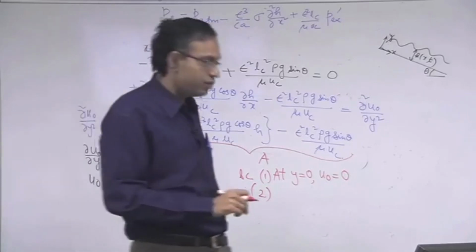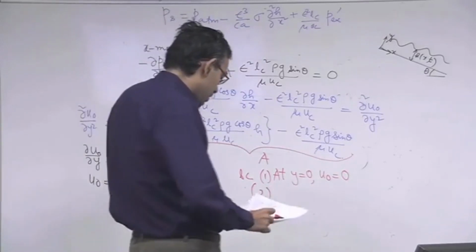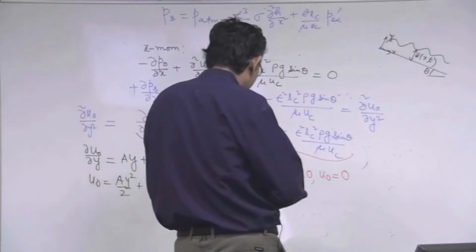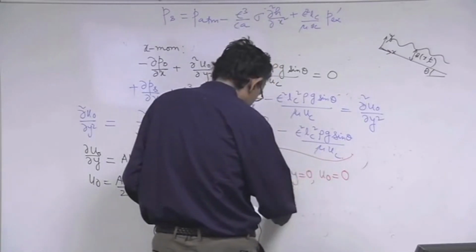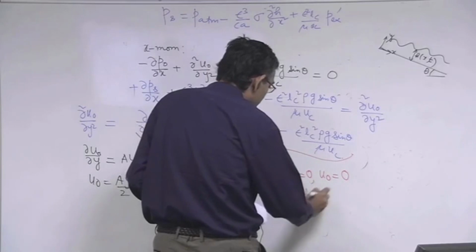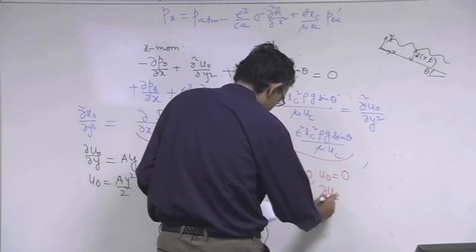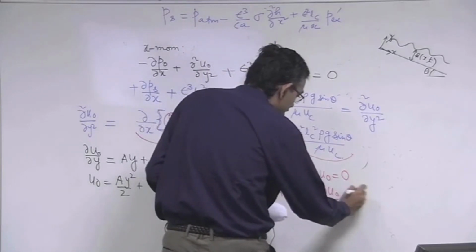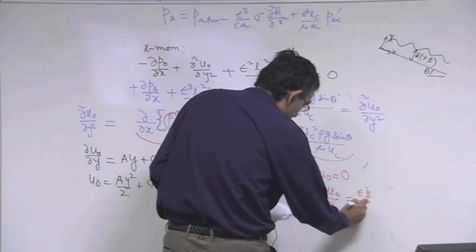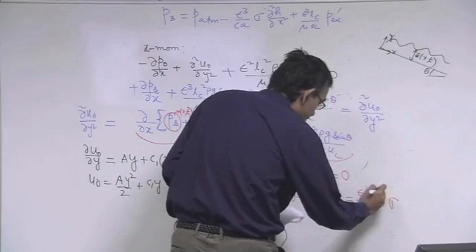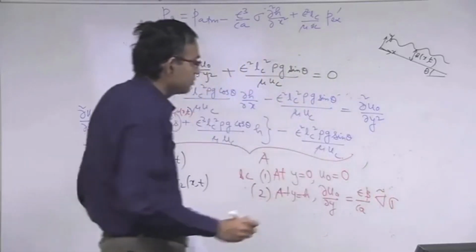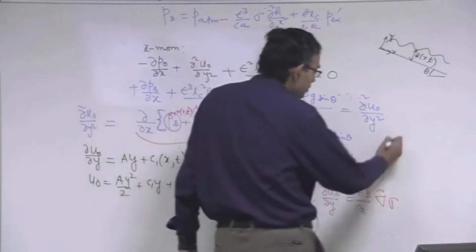So, tangential force balance, what it gives, we have worked out that, but just at y equal to h, del u0 del y is equal to epsilon beta by capillary number surface gradient of sigma. What is this del tilde?